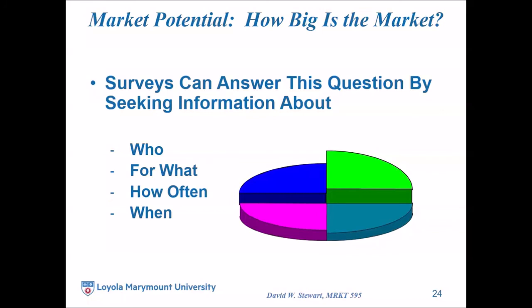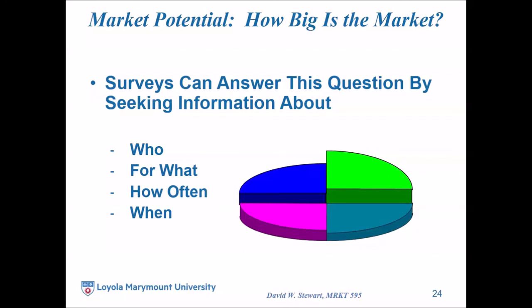So, for example, if I'm interested in the size of the market for disposable diapers for babies, I think we'll get information. First of all, the who is actually pretty easy. In fact, you don't even need to do a survey to get the who, because the government collects data on who's been born and what their age is.